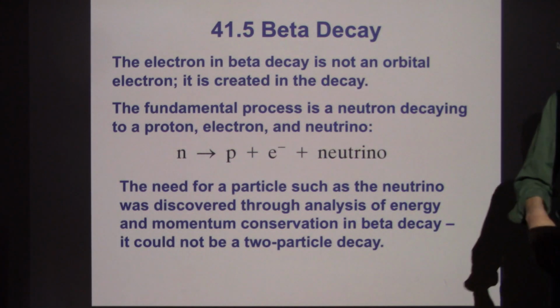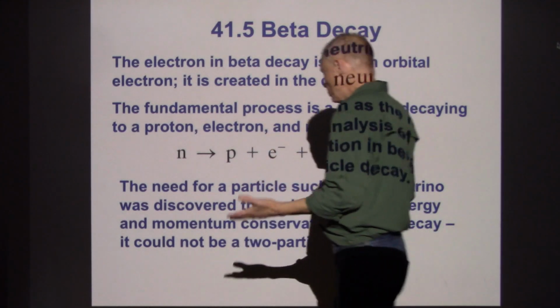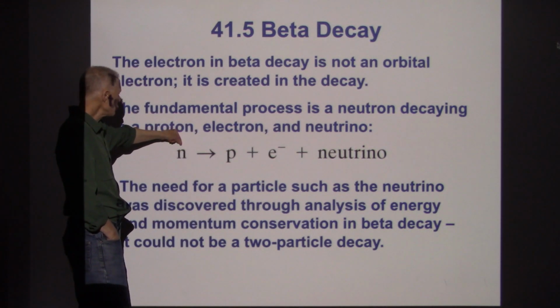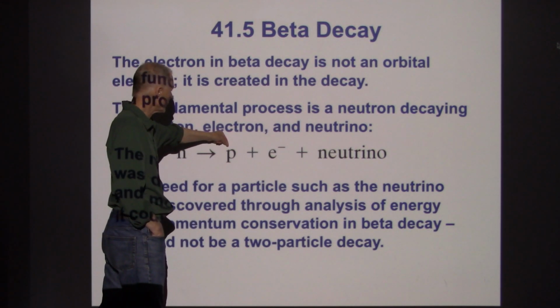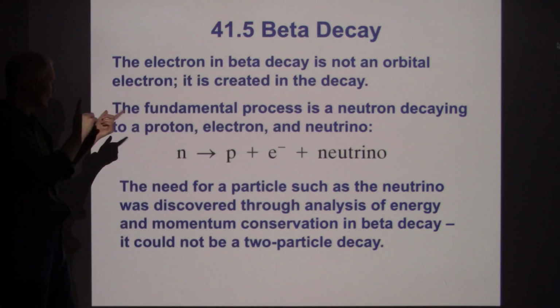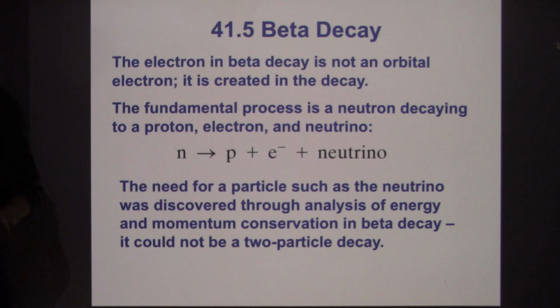Well, now what we're finding out is that there are reactions which involve the weak nuclear force, this additional force in nature. Through the weak force, a neutron can turn into a proton. Or a proton can turn into a neutron, we're going to find out. So there's this ability for protons and neutrons to turn into each other.